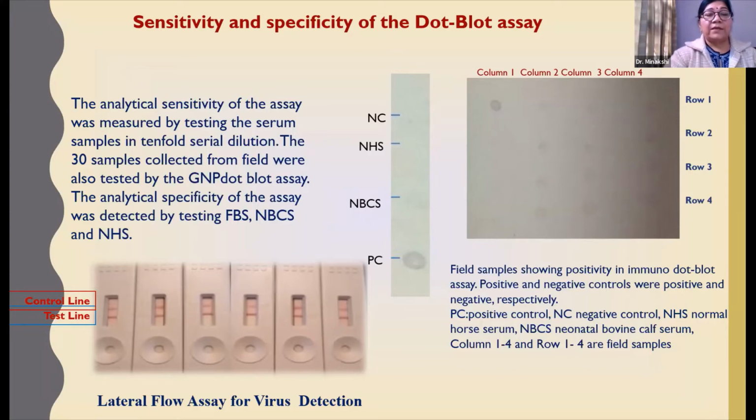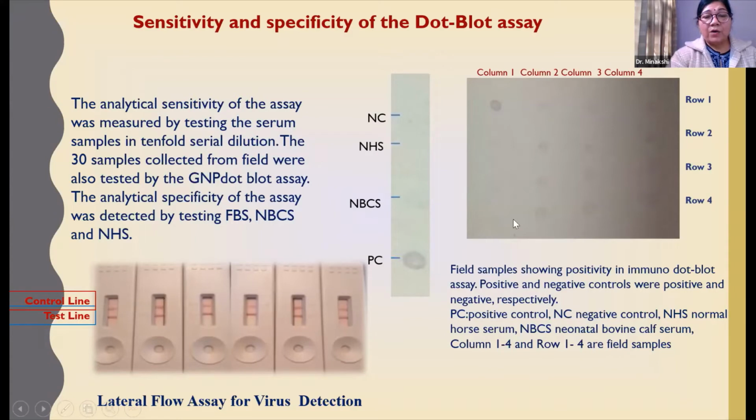And if 2 lines are there, one line is for the control and the lower line is for the test line. If 2 lines are there, the sample is positive for the FMD disease. Initially we developed this for the bluetongue virus, and then followed with FMD because we have lots of problems in our state also.